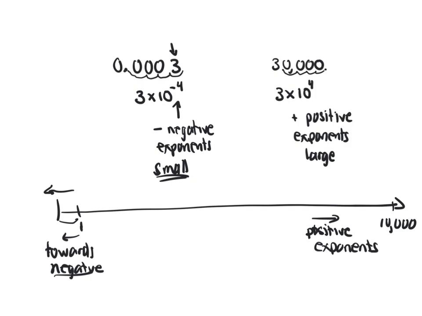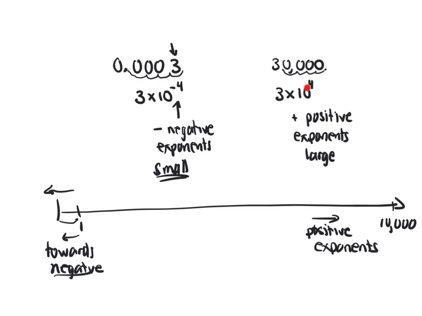The value of that exponent tells us where the decimal place is relative to the first non-zero number. So here the first non-zero number is 3, so I have a 3, and then my decimal place is 4 to the right of the 3.